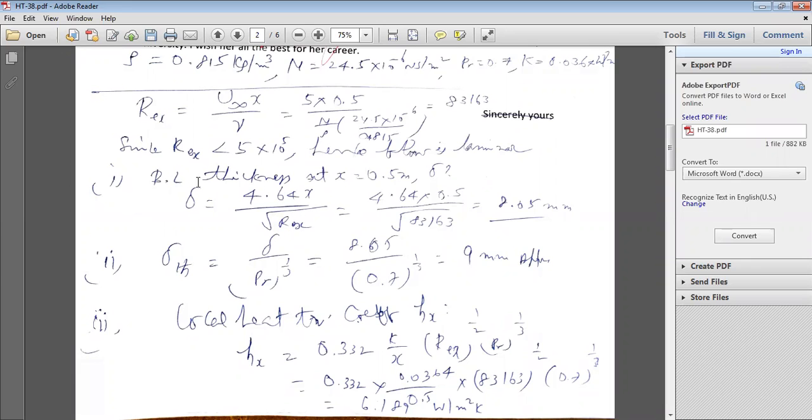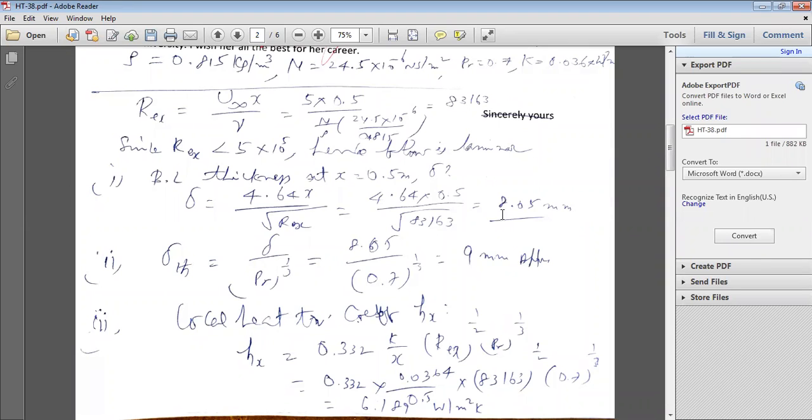First, the boundary thickness at x equal to 0.5 meters, delta. How do you calculate delta? Delta is equal to 4.64 into x divided by square root of Rex. So that is equal to 4.64 into x value 0.5 divided by square root of Rex 83,163.